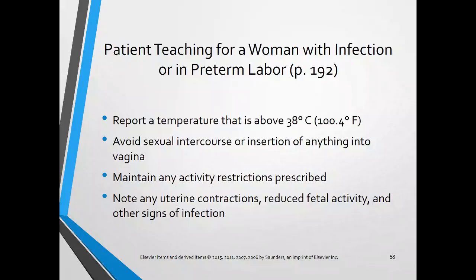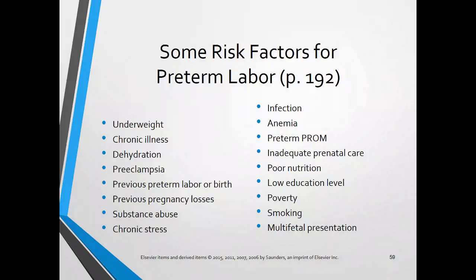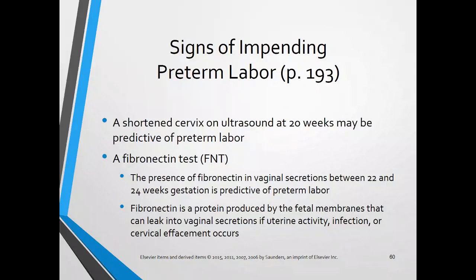So you want to report that temperature, avoid sexual intercourse, maintain any activity restrictions prescribed, and then note any uterine contractions, reduced fetal activity, and other signs of infection. So here are some risks for preterm labor: underweight, dehydration, preeclampsia, chronic stress, infection, anemia, smoking. Lots of different reasons why someone may go into preterm labor.